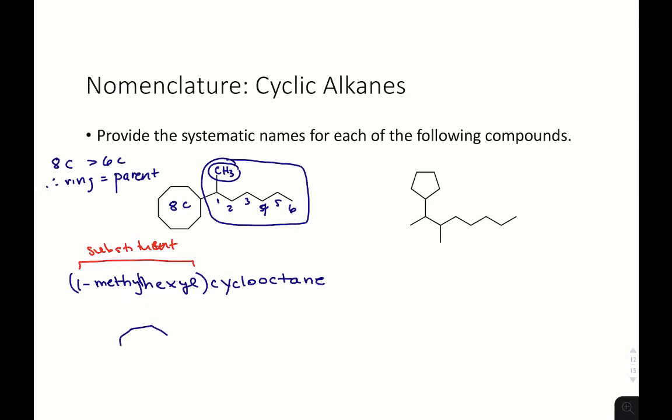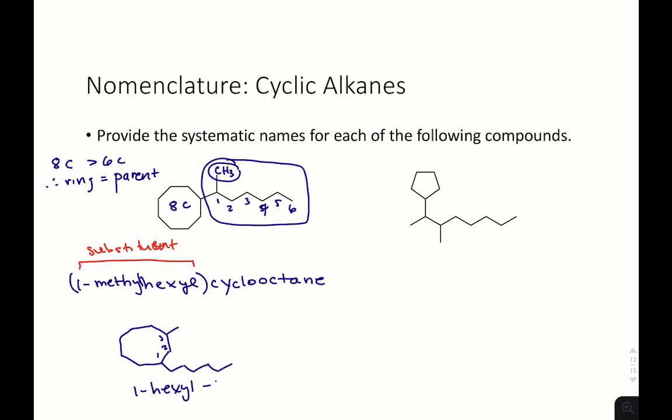The reason that you need to do it, I can give you an example. If you don't put it in parentheses, you don't know if the 1-methyl is talking about hexyl or cyclooctane. So for example, you can imagine a situation where you have a hexyl group and a methyl group both on the ring itself.